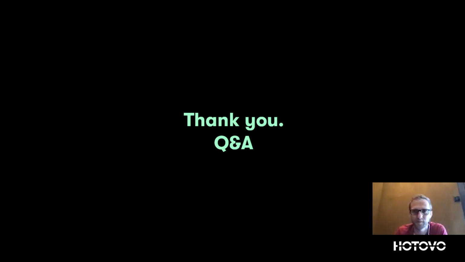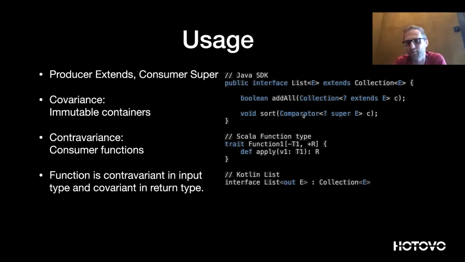Let's imagine I have a comparator implementation on an animal, so I can compare two animals, and I pass in that implementation of the comparator that can handle animals, that can return which is first, which is second.